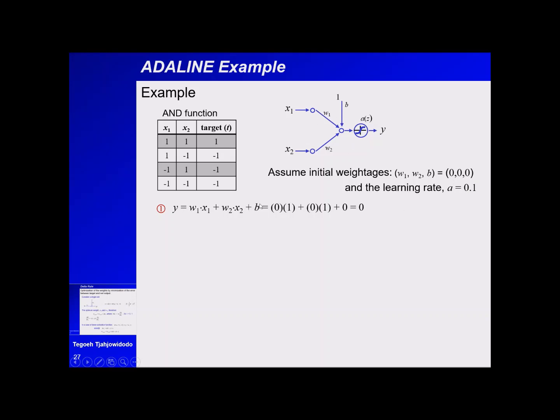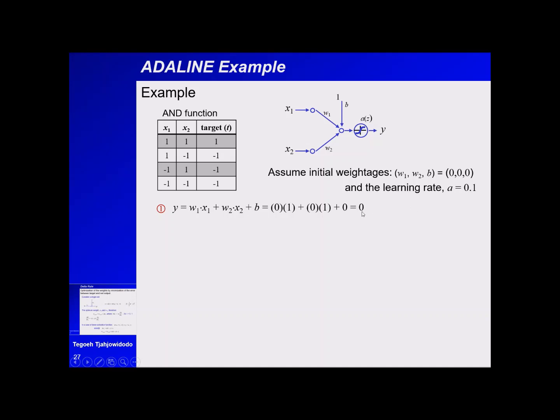So based on this network, y will be equal to W1 times x1 plus W2 times x2 plus B. So the output y before the activation function will be 0 times 1 plus 0 times 1 plus 0, which is equal to 0.